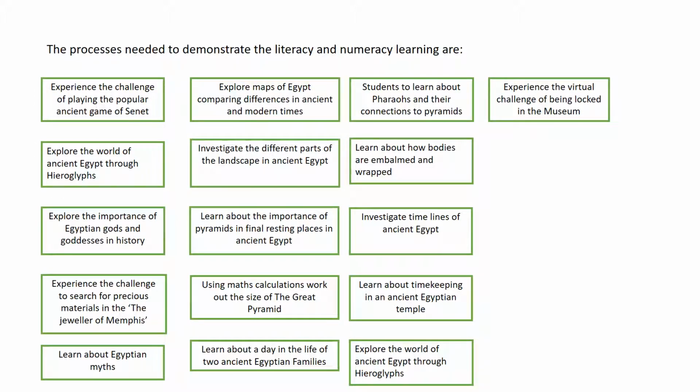The processes needed to demonstrate the literacy and numeracy learning are: experience the challenge of playing a popular game of Senet, explore maps of Egypt, learn about pharaohs and their connections to pyramids, experience the virtual challenge of being locked in the museum, explore the world of Ancient Egypt through hieroglyphs, investigate the different parts of the landscape in Ancient Egypt, learn about bodies, how bodies are embalmed and wrapped, and gods and goddesses and timelines.